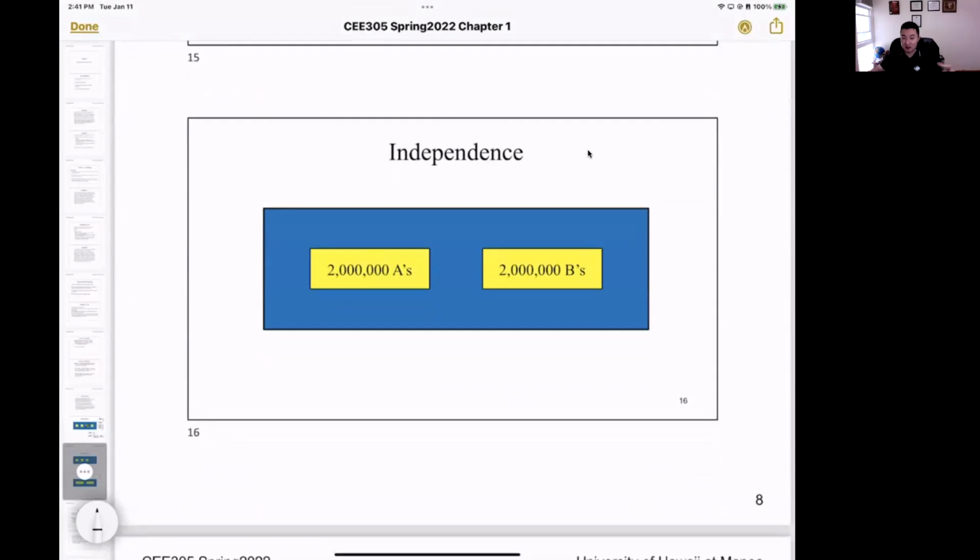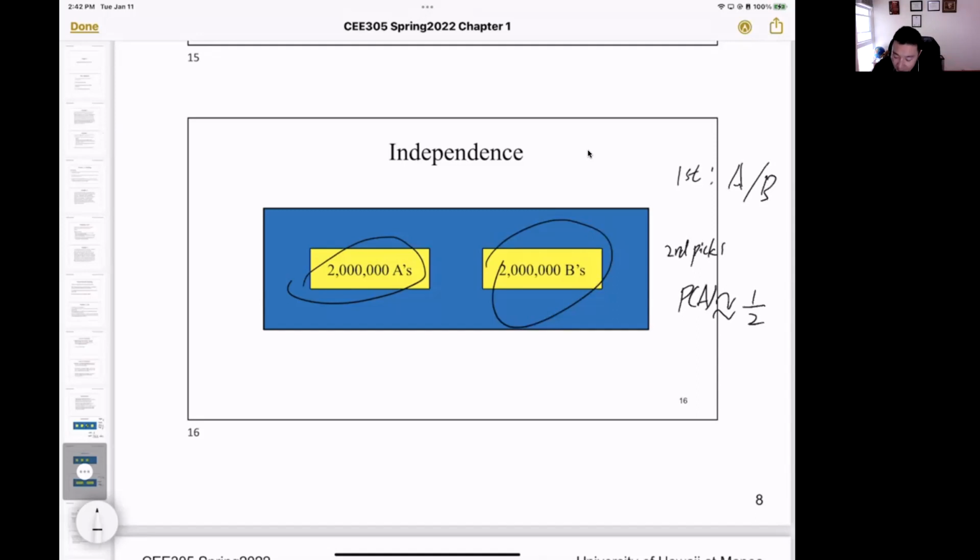If the population is so large, let's say we have 2 million A's and 2 million B's, things will change. Again, for the first pick, no matter whether we get A or B, for the second pick, the probability we get A will be very, very close to 50%, right? Removing one from these 2 million A's, we still have very close to 2 million.